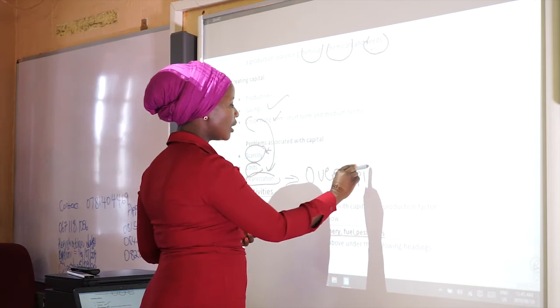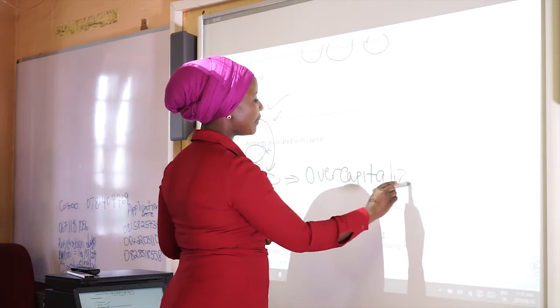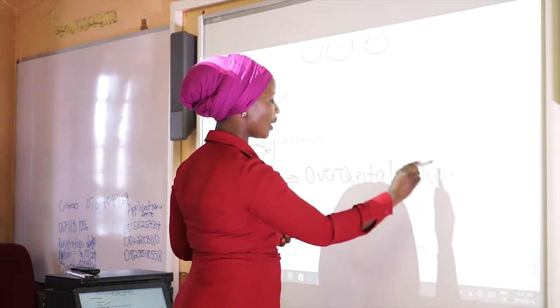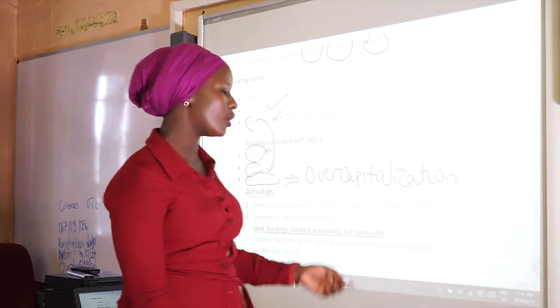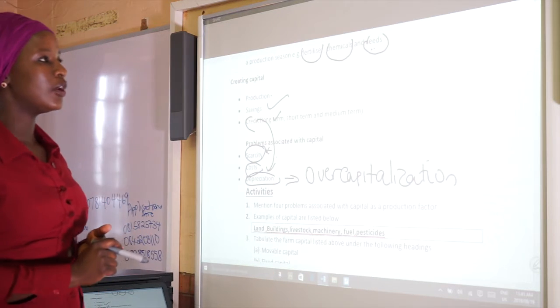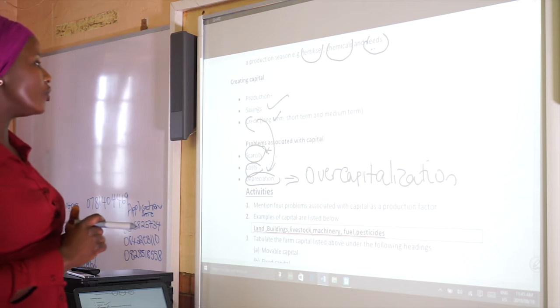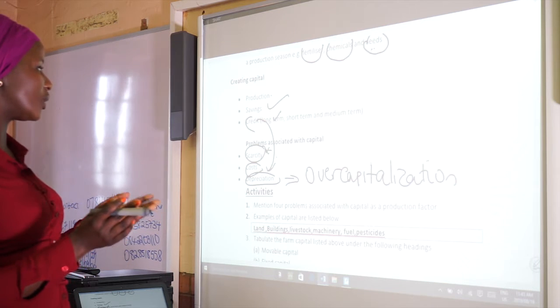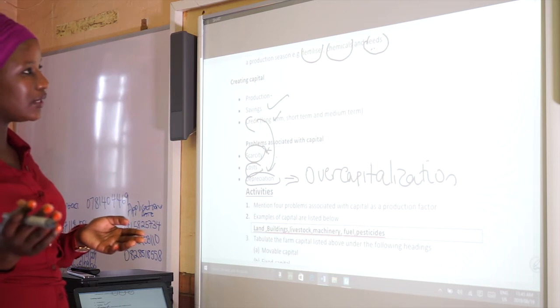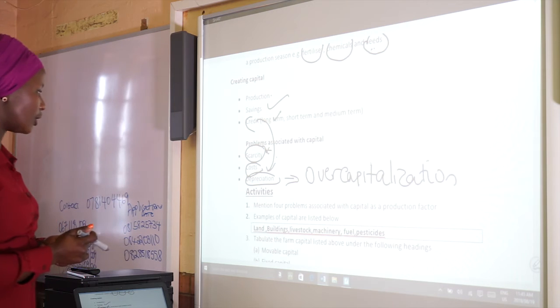Some people get access to capital, but they do not know how to use it well, so they end up doing what we call overcapitalization. Overcapitalization is whereby you're buying more than what you need, or you've got more land than what you can use. The unused land we refer to as overcapitalization.